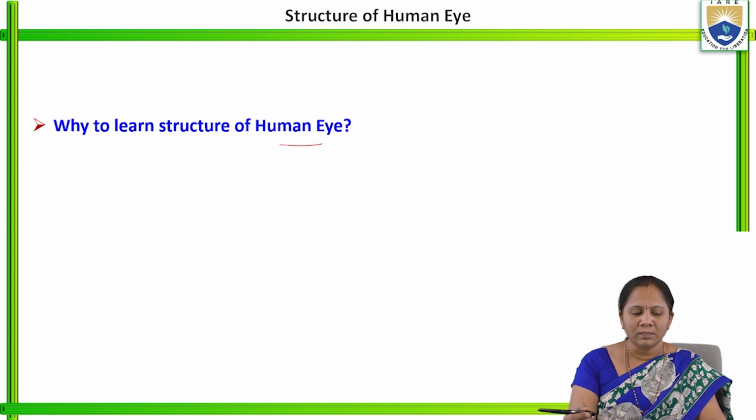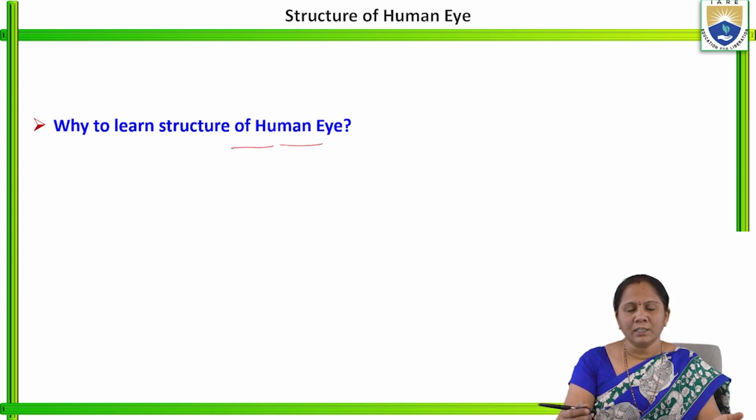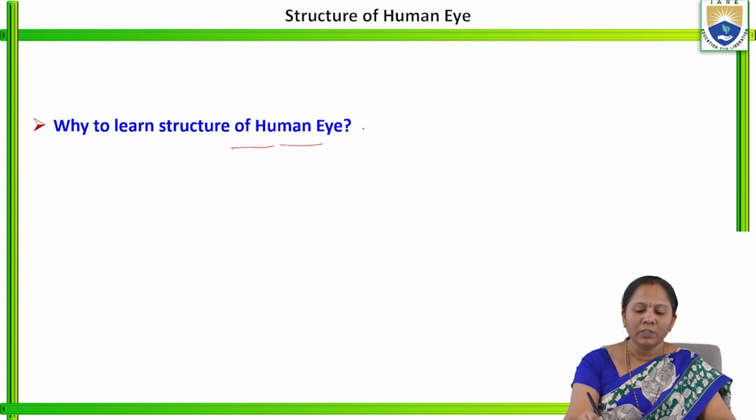Based on this, human beings have their own intuition, and based on the structure of the human eye, a person selects a particular technique. Also, one important point is that in the human being, the eye is one of the important sensors. That is why we initially need to learn the structure of the human eye.